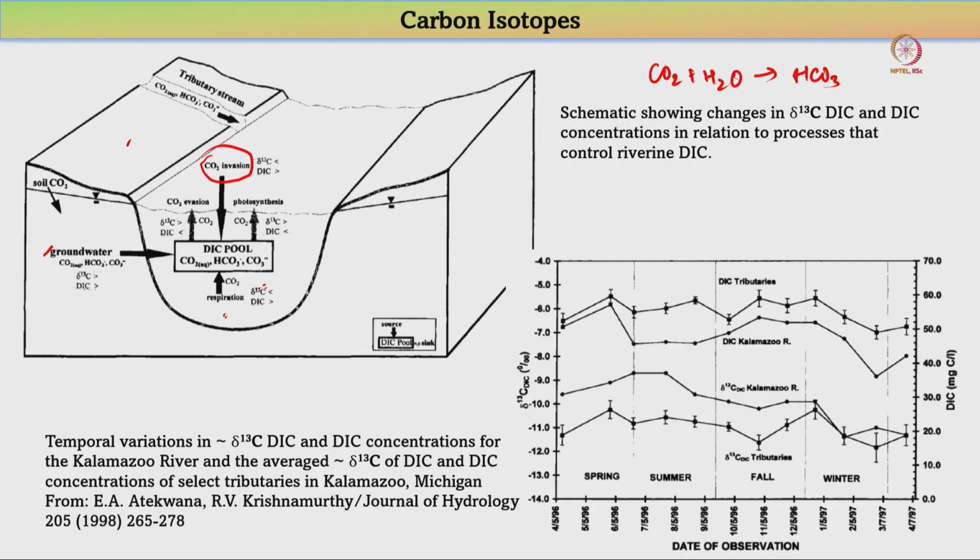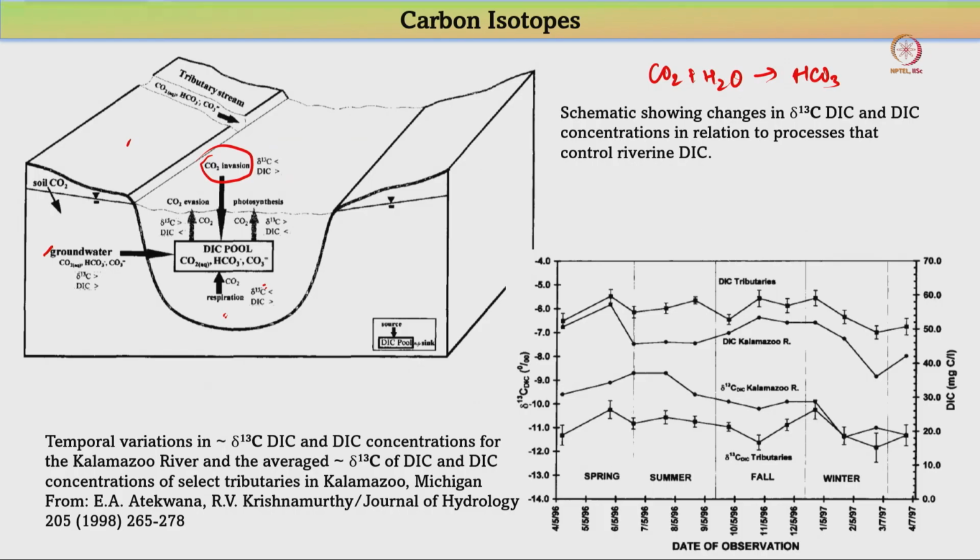And just the opposite is happening during photosynthesis. Why? Because now my carbon dioxide is getting incorporated in the biomass. So, my carbon is going into the biomass. So, my DIC values are getting lowered, but my delta 13C values are getting increased. Why? Because 12 carbon is preferentially incorporated in the biomass.